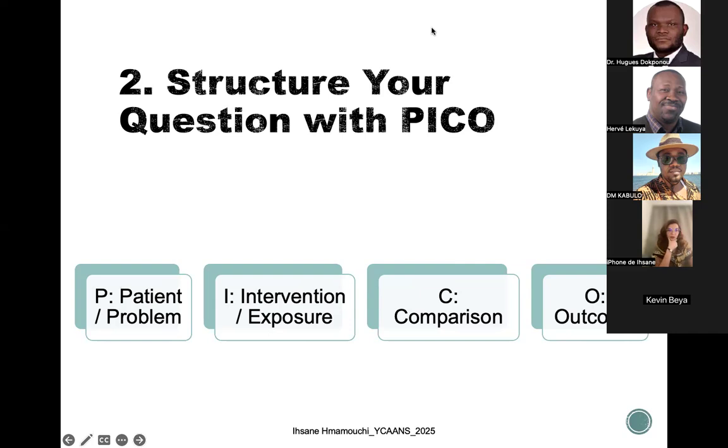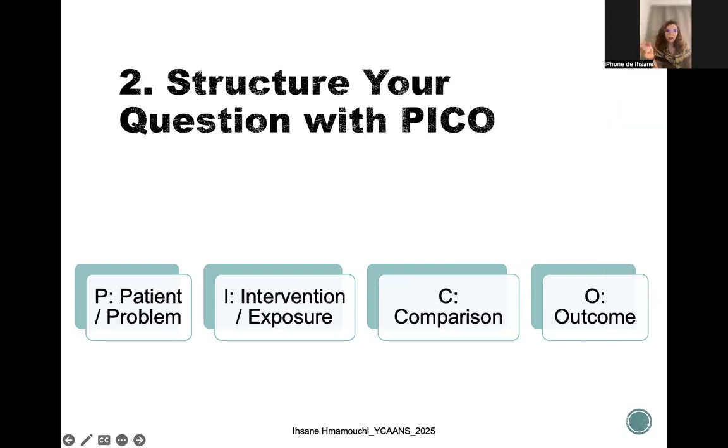Regarding the second point, the formulation of your question needs to follow the PICO framework. P for patients or problems, I for intervention or exposure, C for comparator, and O for outcome.